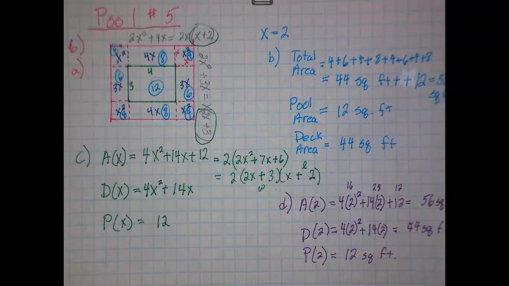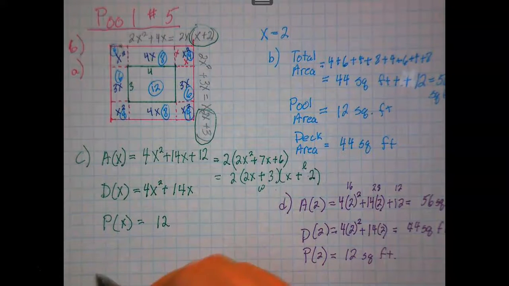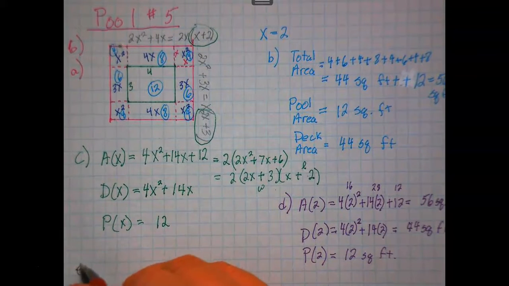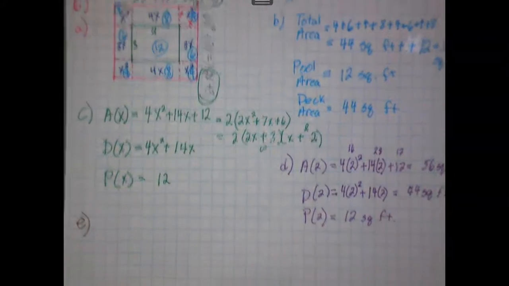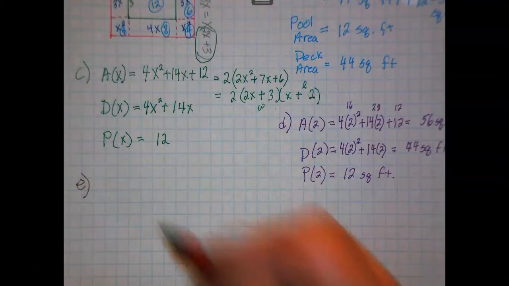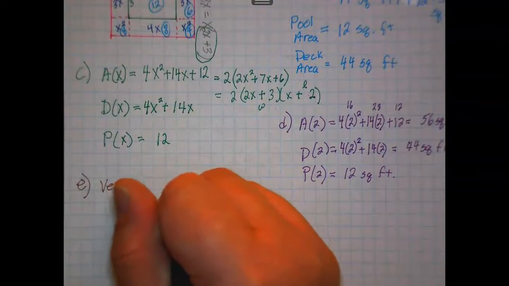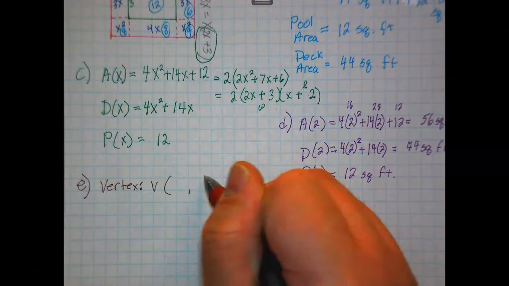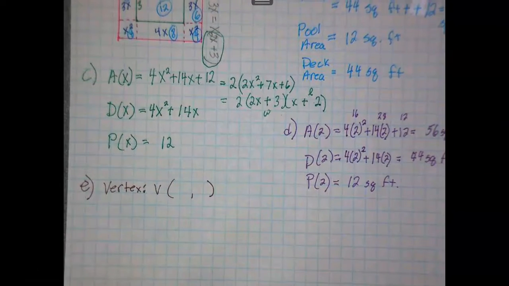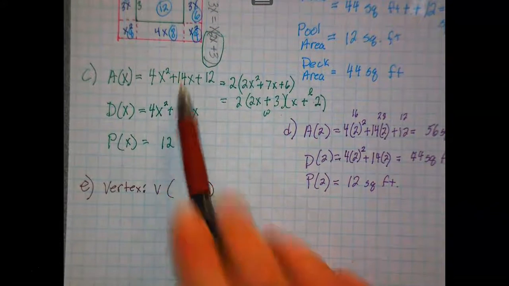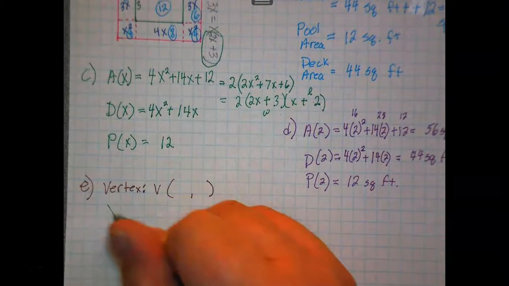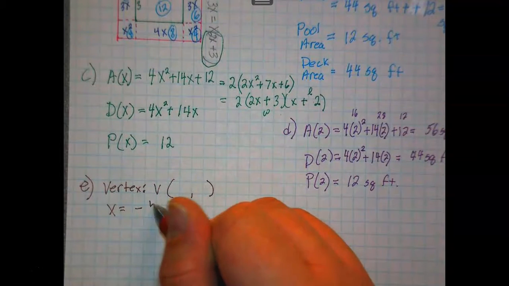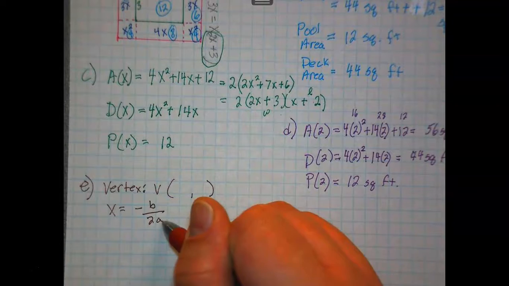And then E's got all this extra stuff, right? The vertex of 4x squared, so I've got to do x equals negative b over 2a.